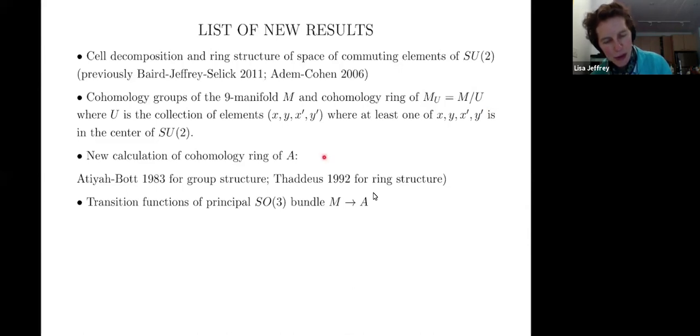But this was the result that was understood previously for all genera by Atiyah and Bott for groups and Thaddeus for ring structure. I also talked about how M is a bundle over A, because the conjugation action of SU2, actually SU2 quotiented by its center, on M is free, so you get a bundle. And we're able to obtain a description of the transition functions of this bundle.